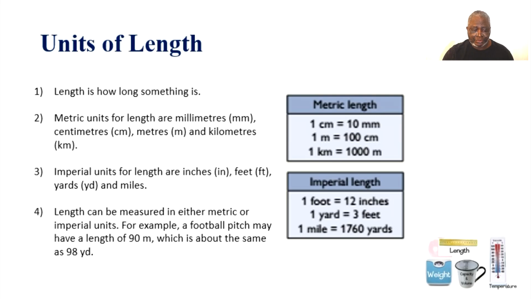Length can be measured in either metric or imperial units. For example, a football pitch may have a length of 90 meters, which is about 98 yards. You'll be surprised, in the old days we were expected to learn all of these things by heart.